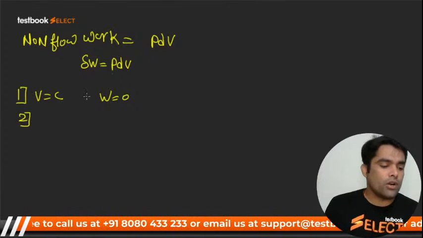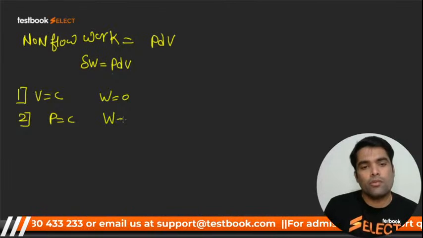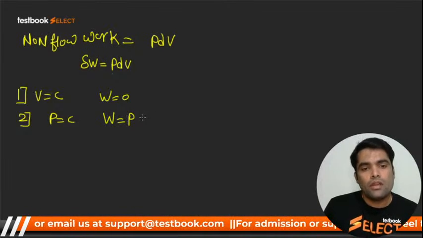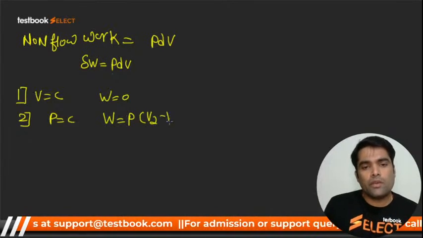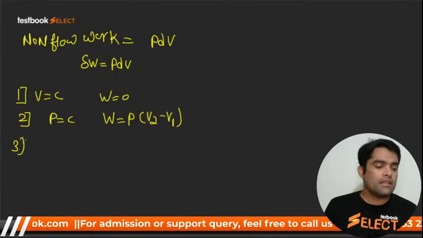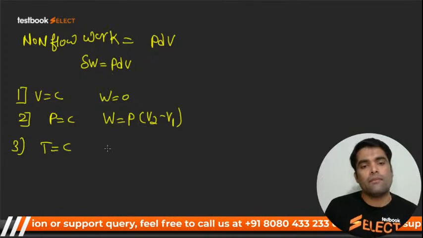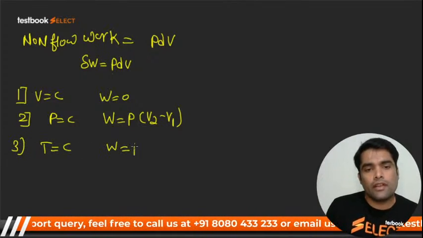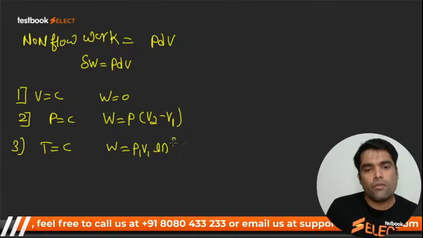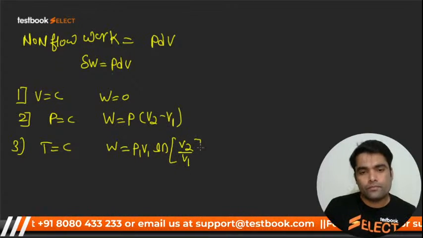Then we have constant pressure, P equal to C process. In that, W is equal to P into (V2 minus V1). And the third one is T equal to C. In that, we have derived a different equation. We got P1 V1 ln of V2 by V1.